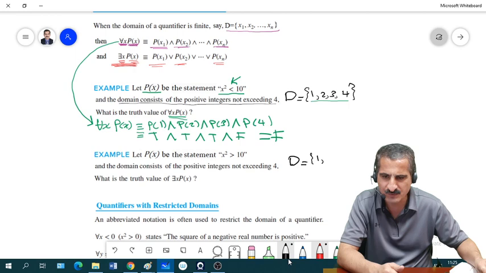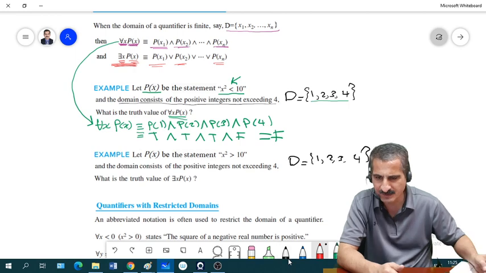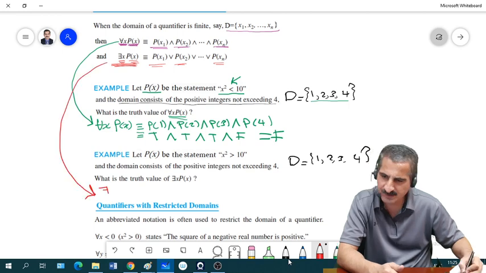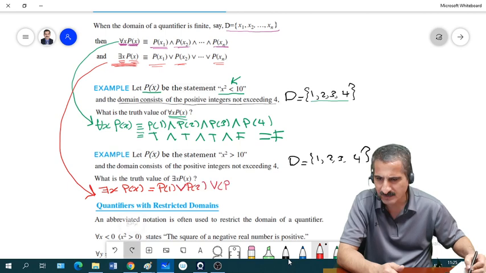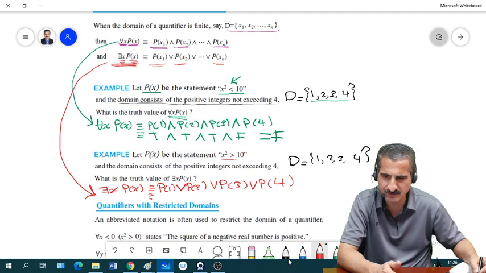We rewrite there exists x such that P of x as P of 1 or P of 2 or P of 3 or P of 4. Remember, the statement here is x squared is greater than 10.